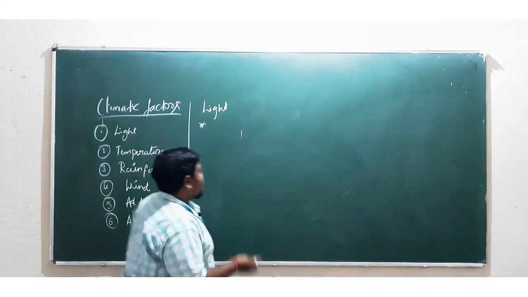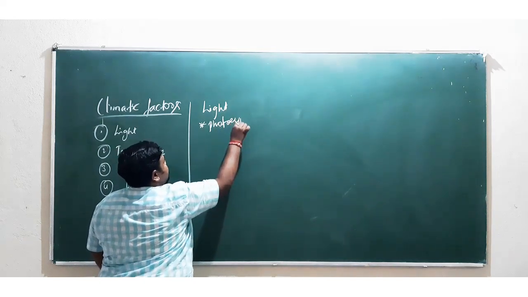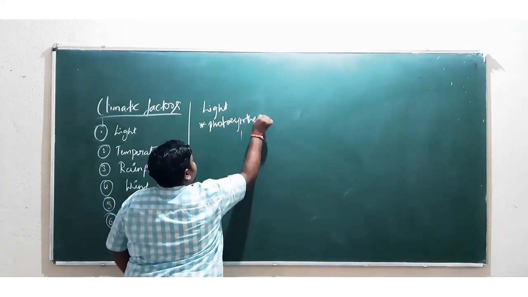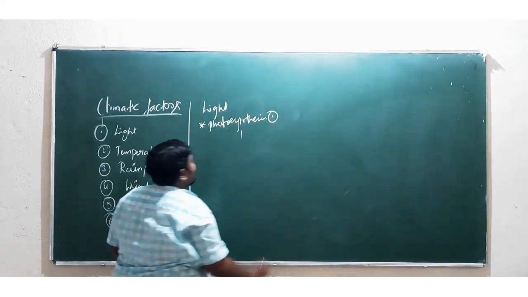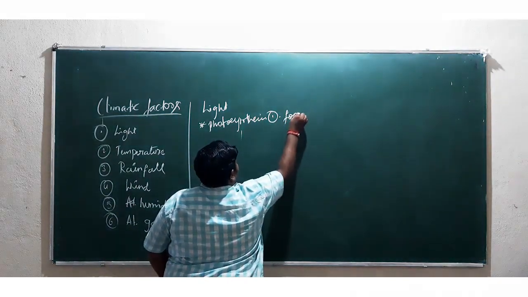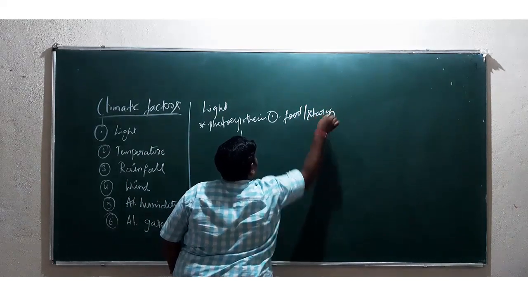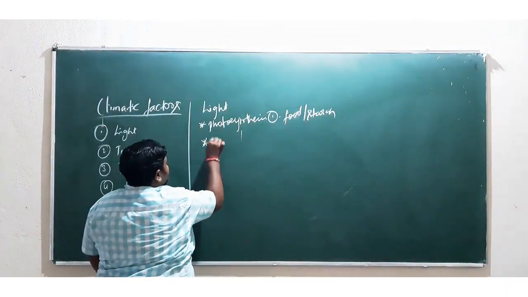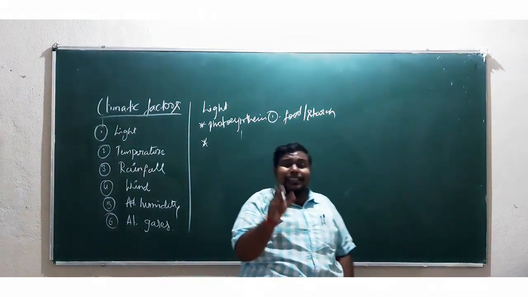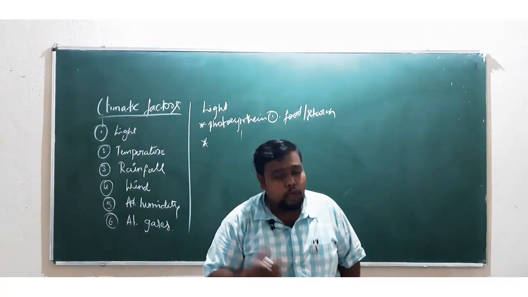So, first thing is photosynthesis. This is your first one. This is the prime factor for food production, that is in the form of starch. So, what is the essential pigment which is responsible for photosynthesis? That is chlorophyll.